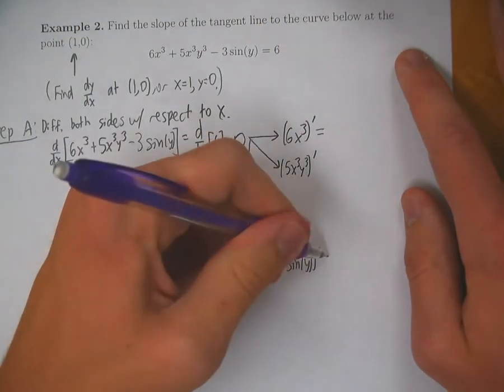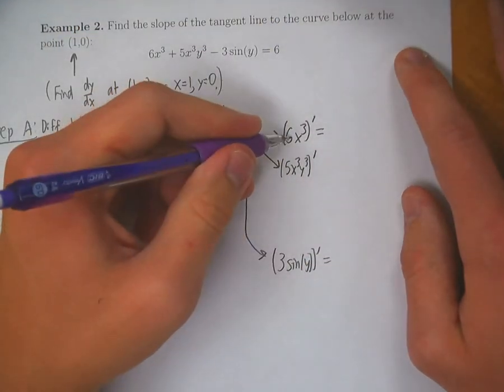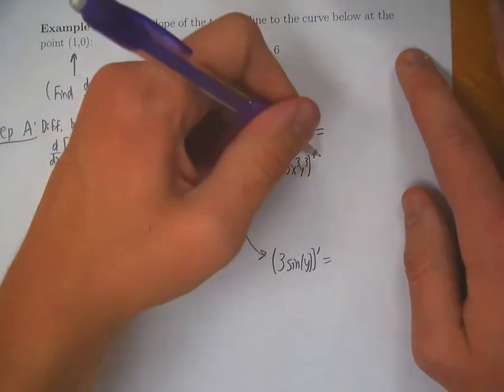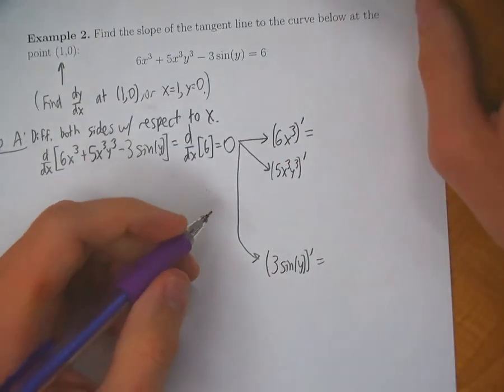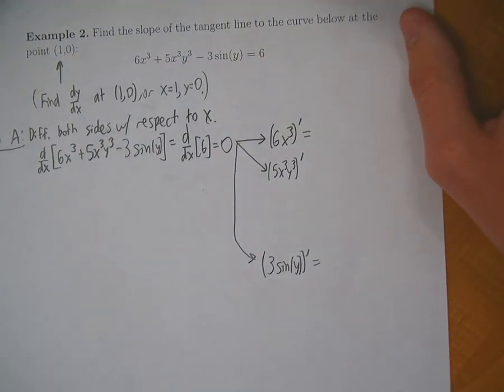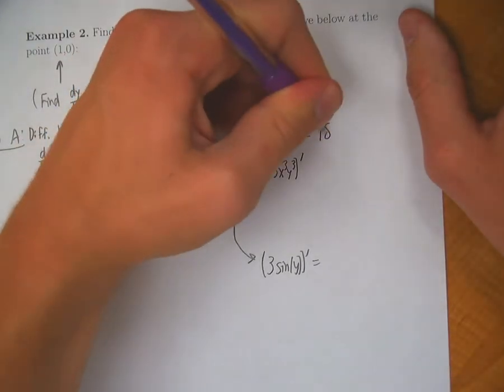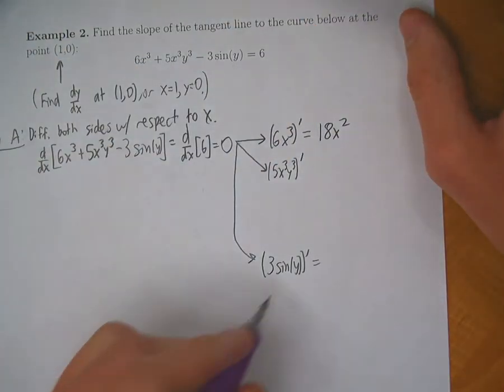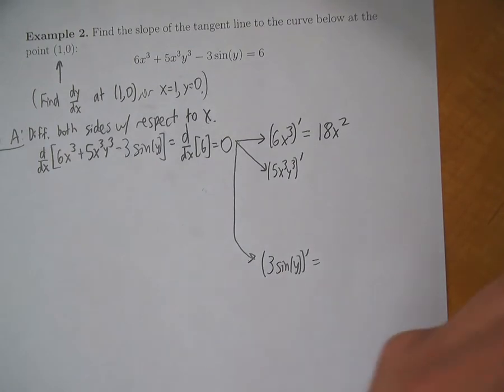So let's start with the first term, 6x cubed, and 3 times sine of y. What would the derivative of 6x cubed be? 18x squared. That's just power rule, no questions asked. What about 3 times sine of y?